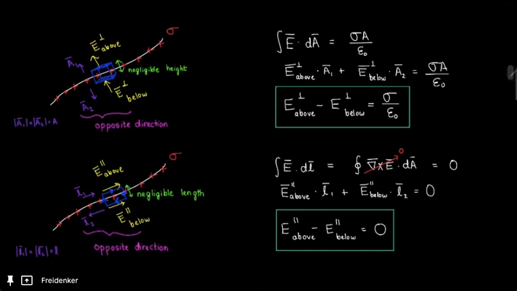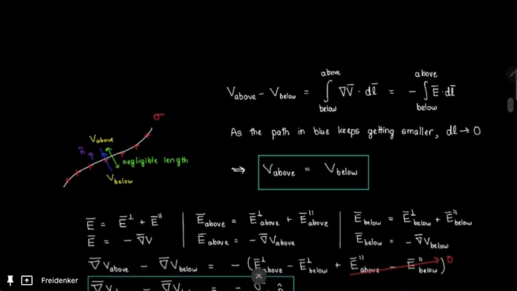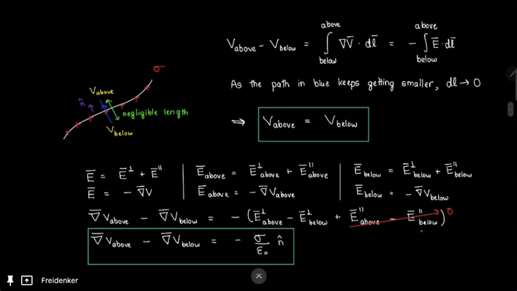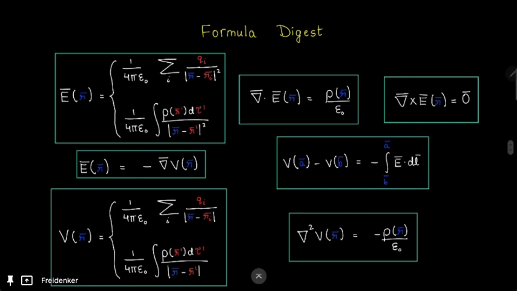So that is why I wrote n cap, where n cap is the direction above the surface charge distribution. So two results for the boundary condition. One is for the electric fields and the other is for potentials. Yes, there is nothing much to boundary conditions.